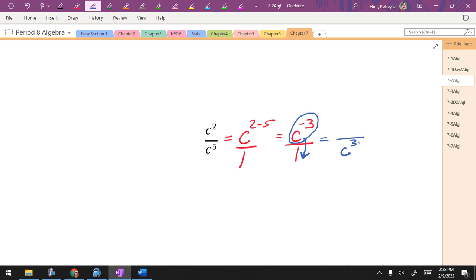Technically, what is the coefficient of c? That is what is left behind in the numerator. The 1 doesn't have a problem. Just the c had a negative exponent. So as you're dividing today, you may end up with a negative exponent. It doesn't mean you're wrong, but it means that you are not done yet.